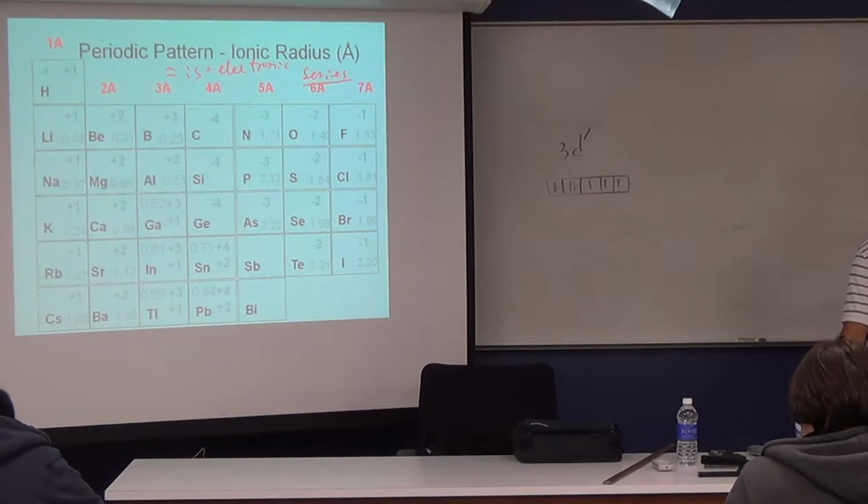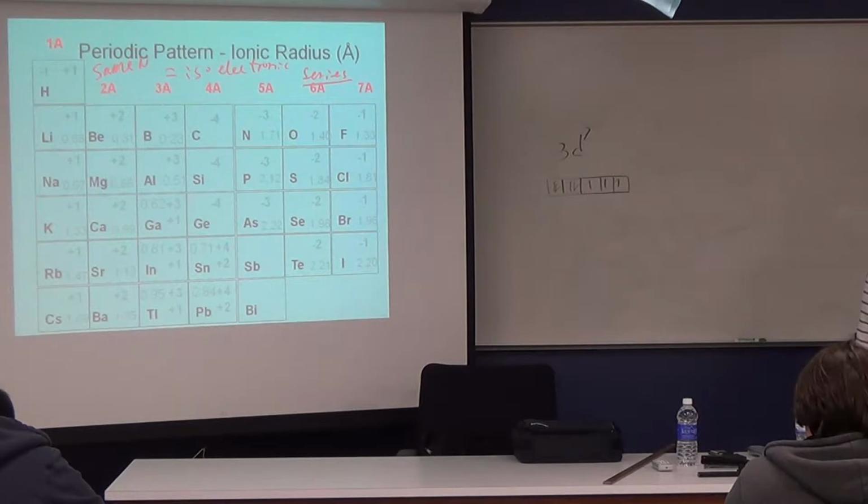What is the minimum requirement for the isoelectronic series? They have to have the same electron configuration, that means they have the same number of what? Same number of electrons.